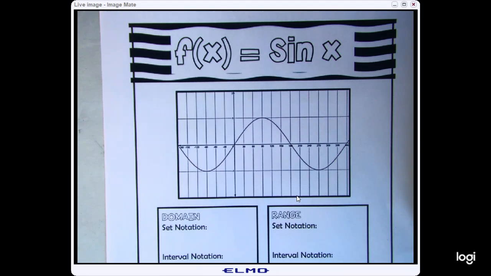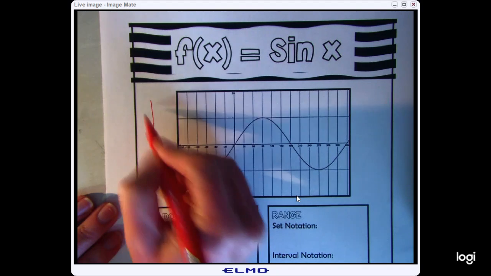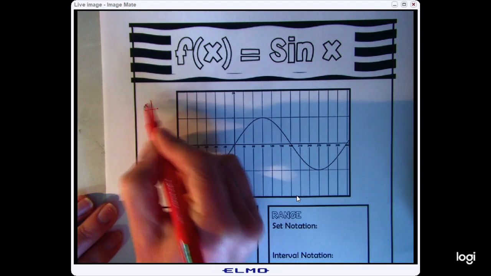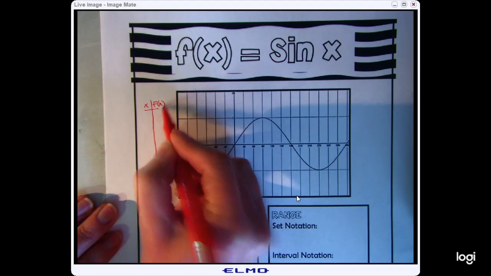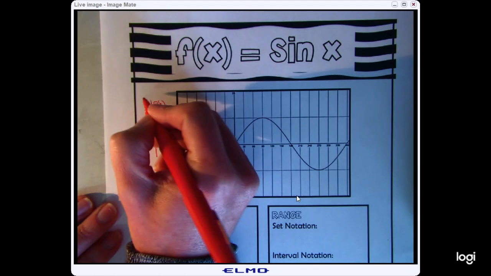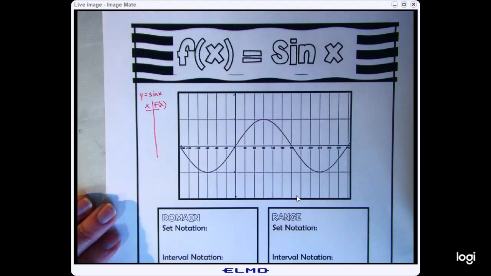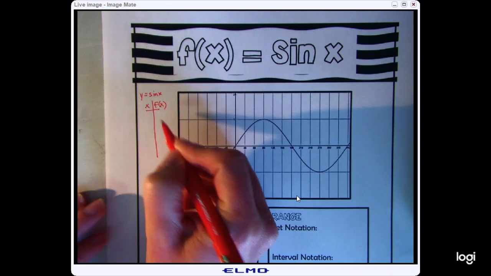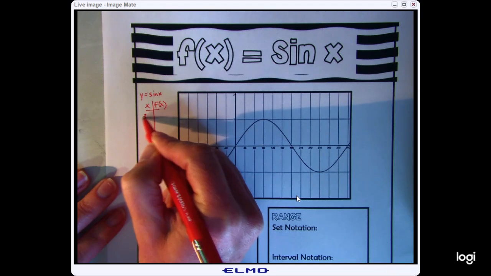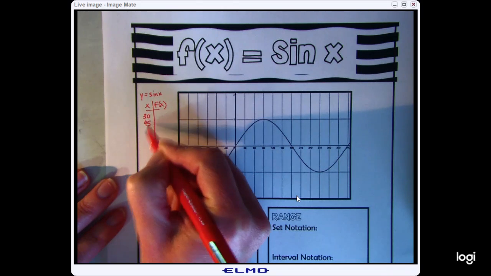And if we were in class together, I'd have you help me create a t-chart for y equals sine of x. And I'd ask you to plug in a lot of the values, those special angles that we're familiar with.